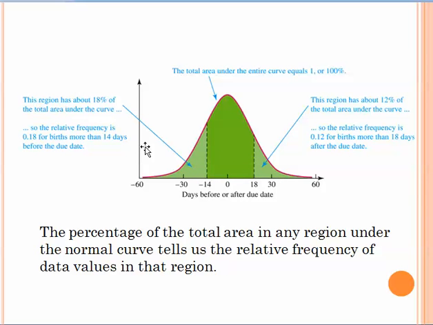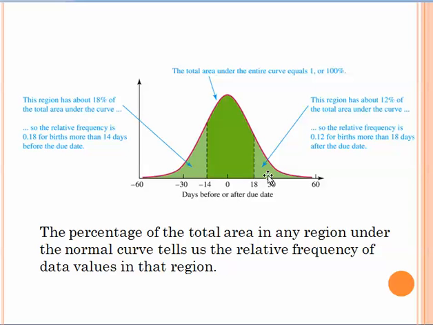For example, this region here has about 18% of the total area under the curve. That means 18% of the births occur more than 2 weeks before the due date. This region right here has about 12% of the total area under the curve.